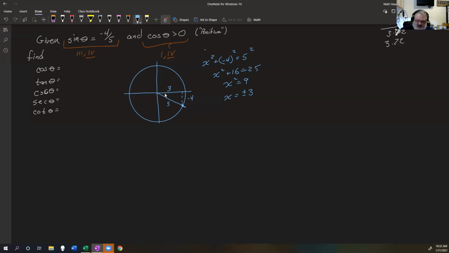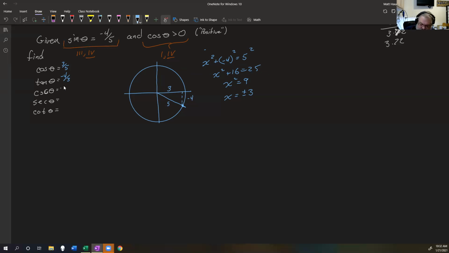But as soon as we have that, what's the cosine of an angle that makes that structure? Cosine is going to be our x over our r, or adjacent over hypotenuse, whichever you want. Tangent's going to be y over x.